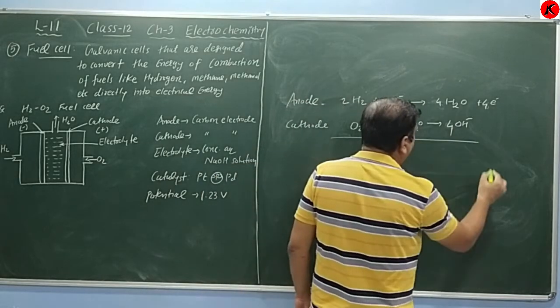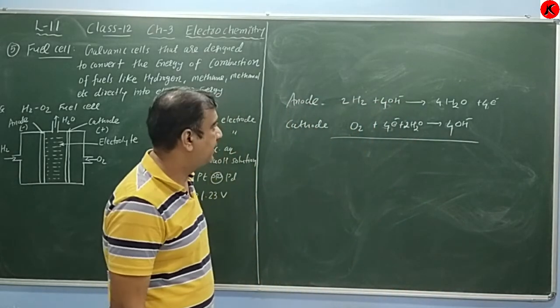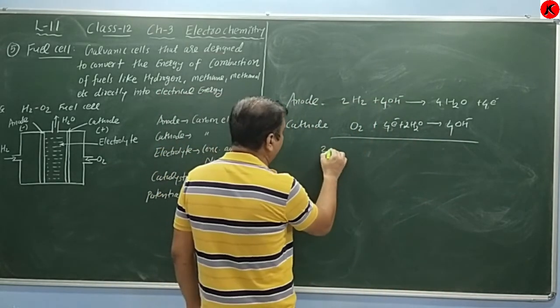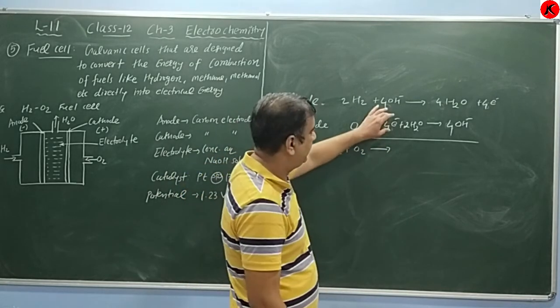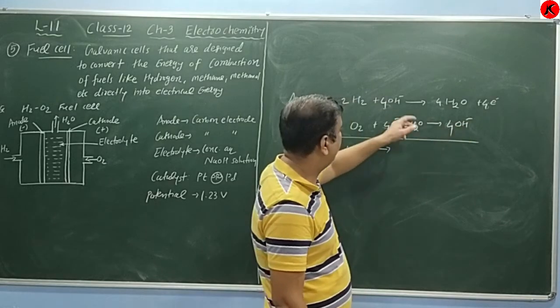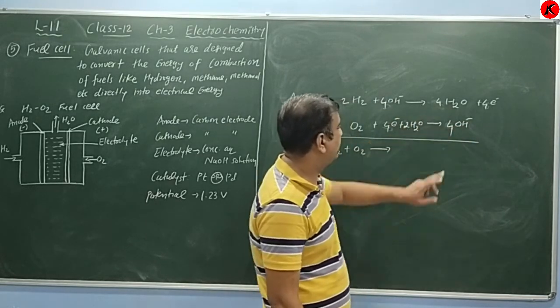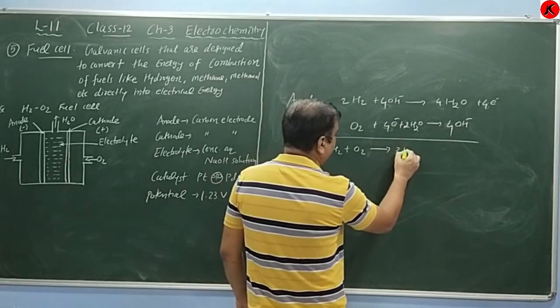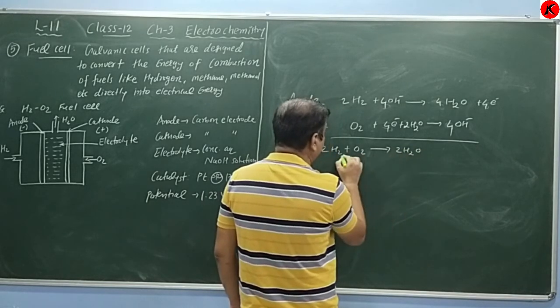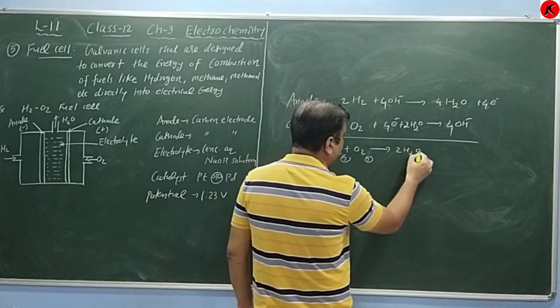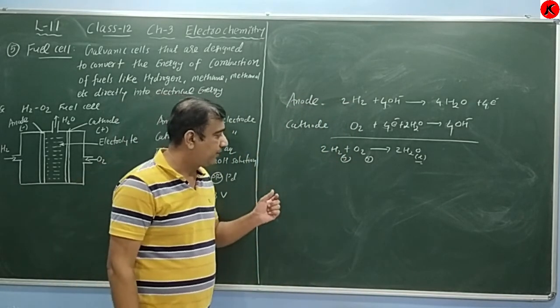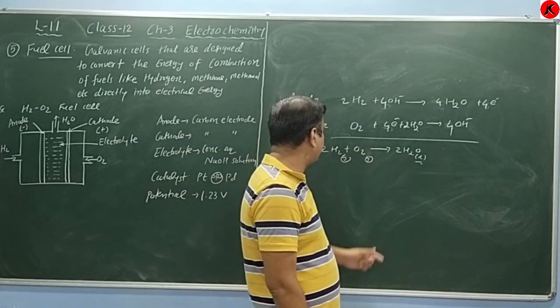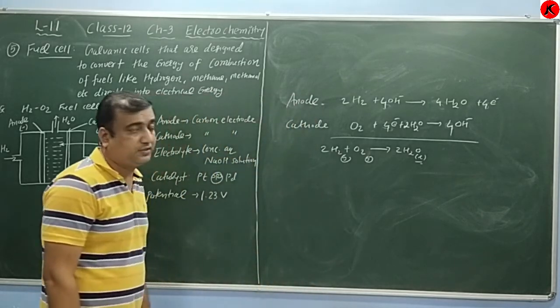And that means addition is there, then 2H2 plus O2 is carried out. The 4 electrons cancel out, OH minus, here 2H2, here 4H2 is there, that means 2H2. This will be in gas form, this is in liquid. That means only the product, water vapor, is formed during this reaction.